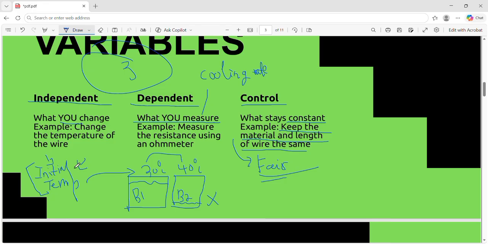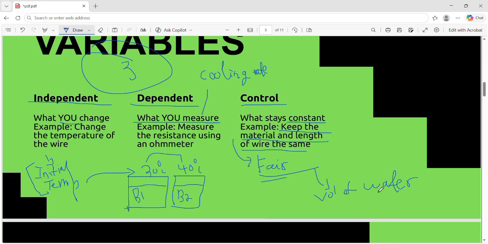We want only the initial temperature to be the independent variable, meaning the only thing that changes or influences the others. So the volume of water has to be equal in both beakers. So a control variable could be the volume of water.